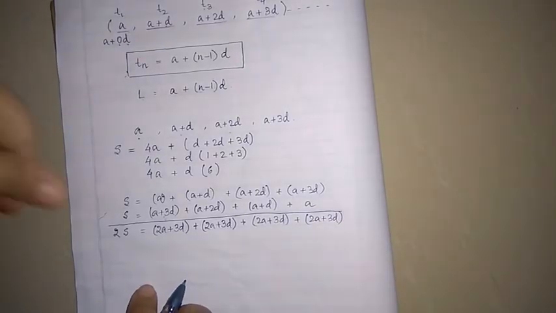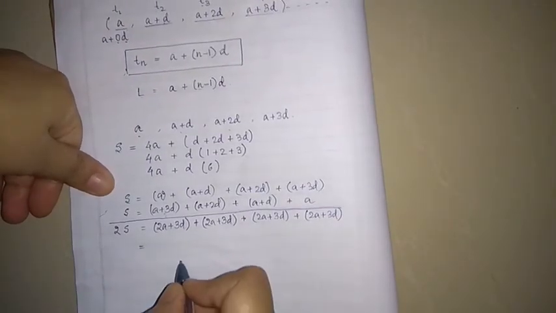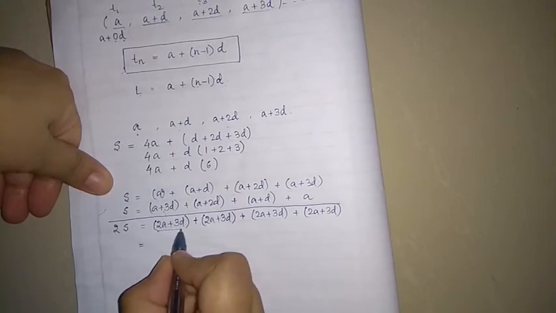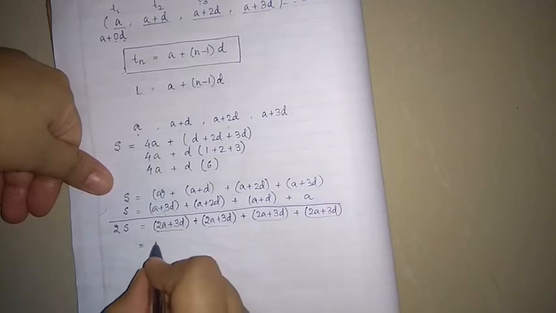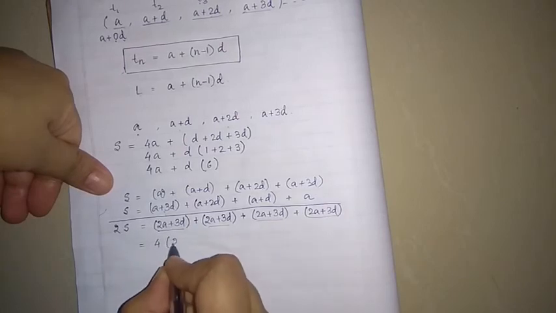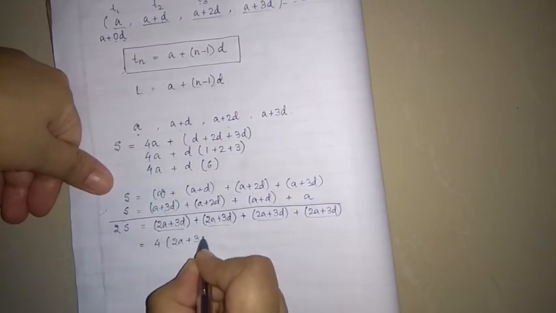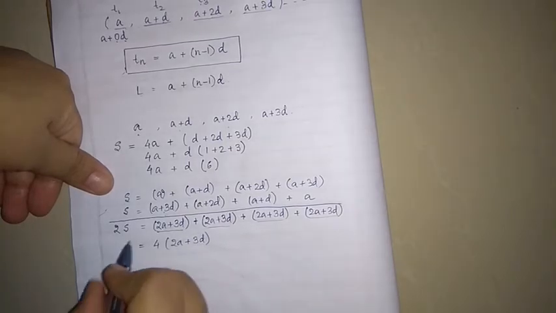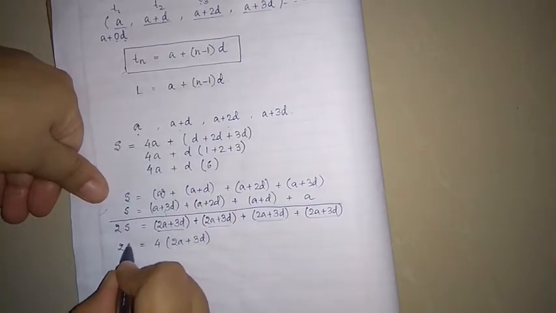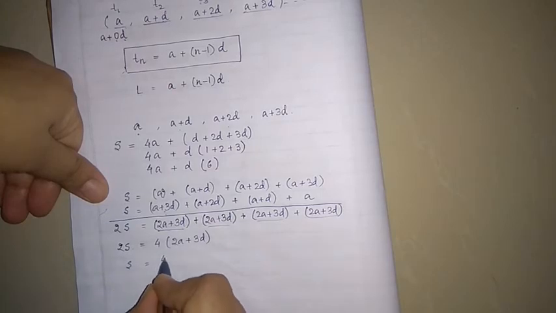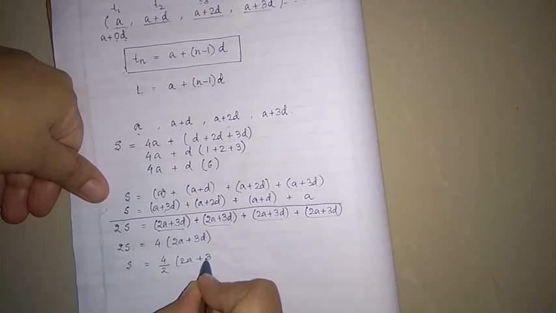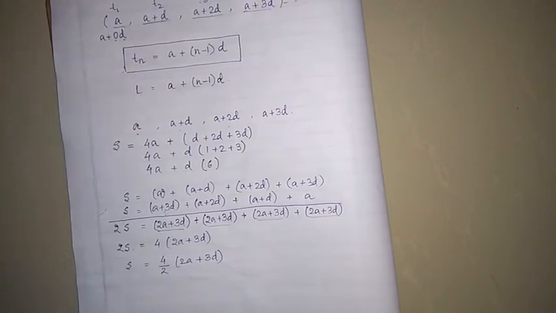So what we can see is, we have obtained the same number 4 times. So 4 into twice a plus 3d is twice S. So S is equal to 4 by 2 times twice a plus 3d.